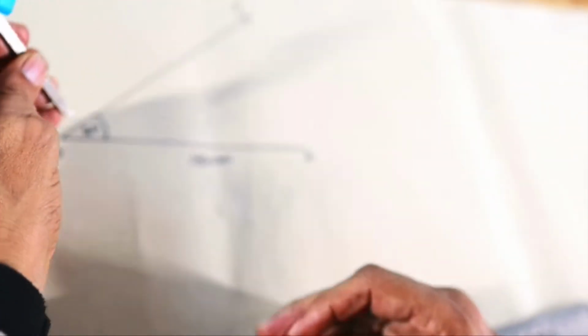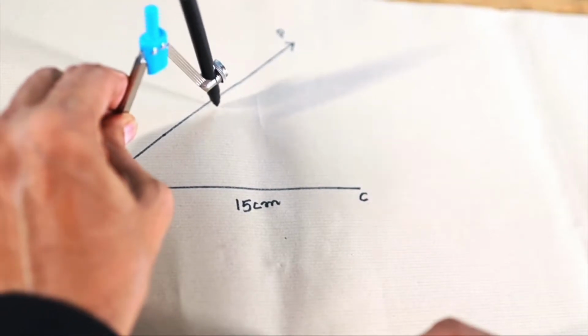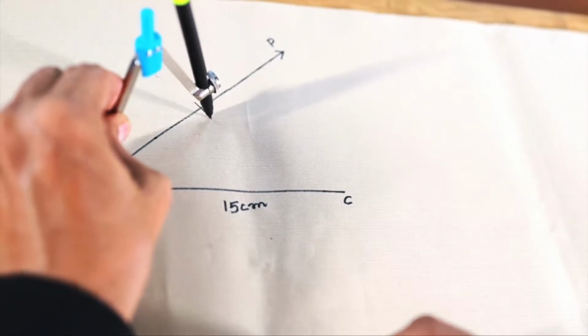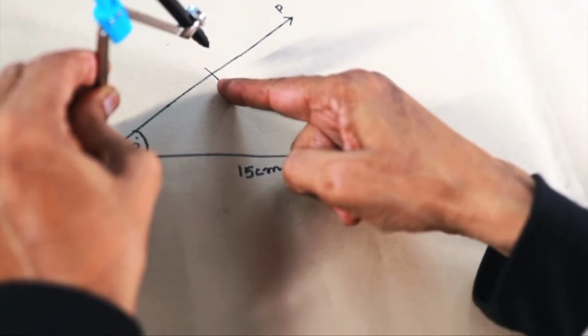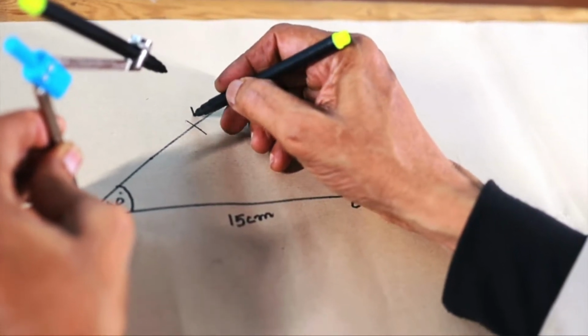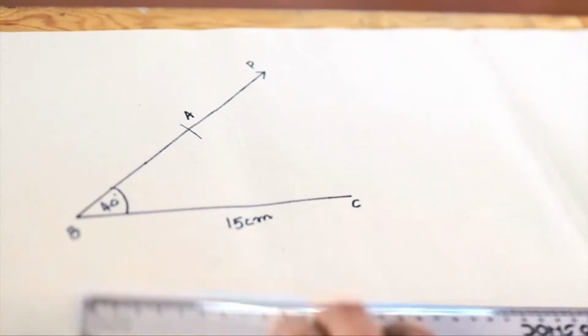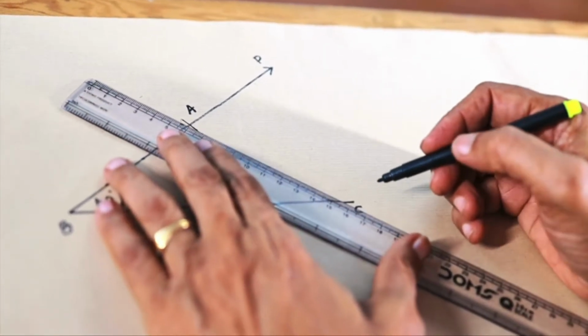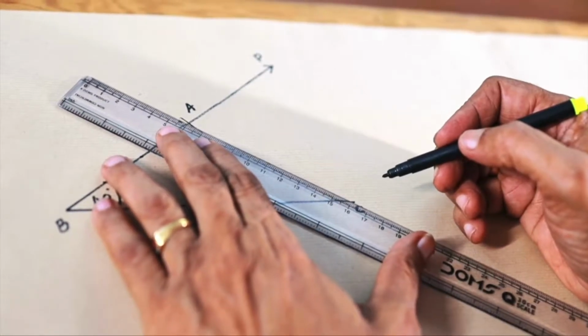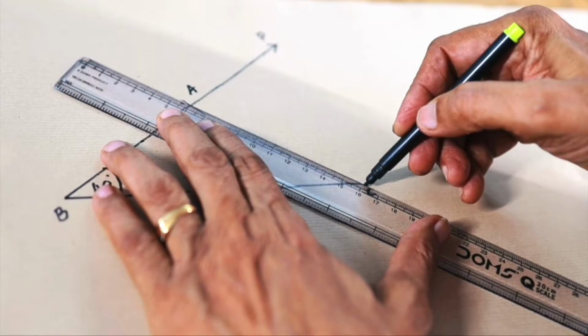Okay, with B as center, with 9 centimeter as radius, let us cut this ray BP, which will cut at this point. Let us call this point as A. Okay, now join A and C in order to get the required triangle ABC.